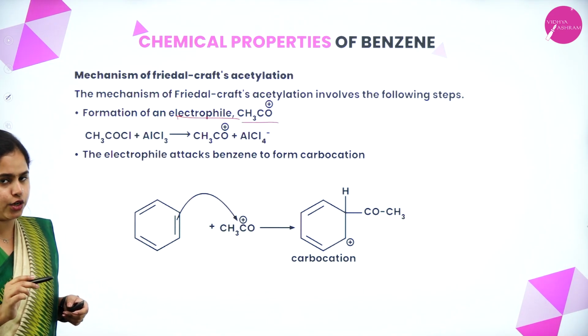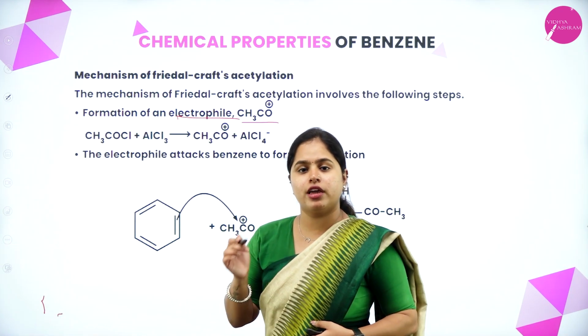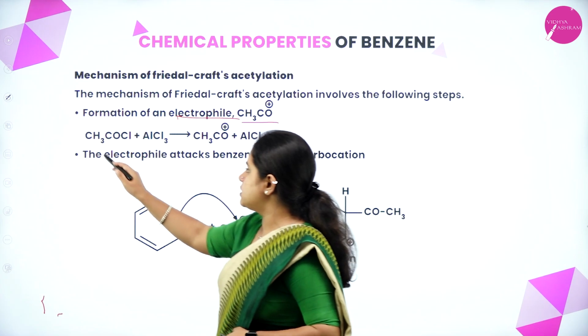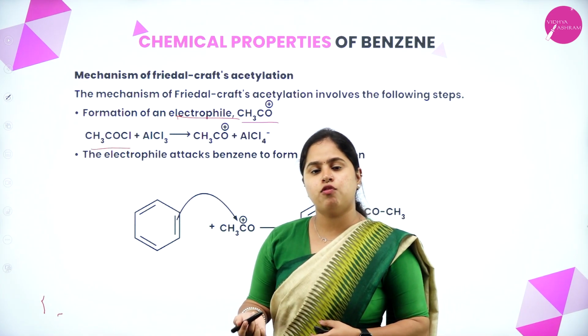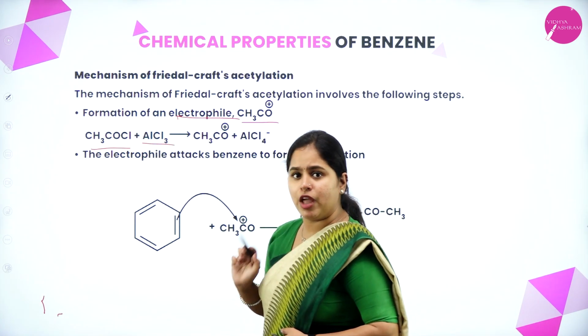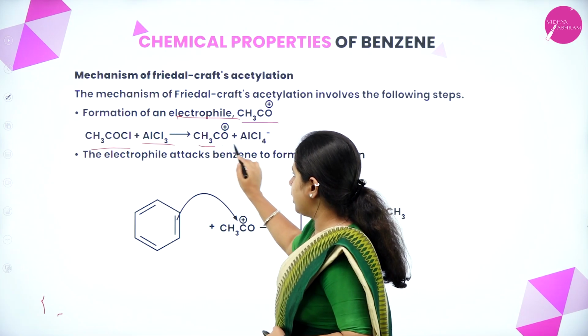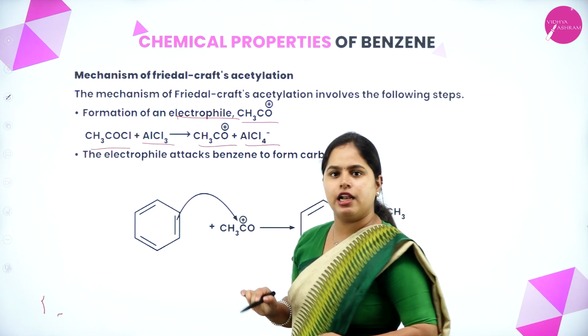CH3CO plus is the electrophile. So first it's the formation of the electrophile. How is this electrophile formed? Let's see. What we are initially taking here is an acid chloride, and we have what else? Anhydrous aluminium chloride also with us. These two react, and what are you going to get? You are going to get the carbocation, which is CH3CO plus, as well as AlCl4 minus.